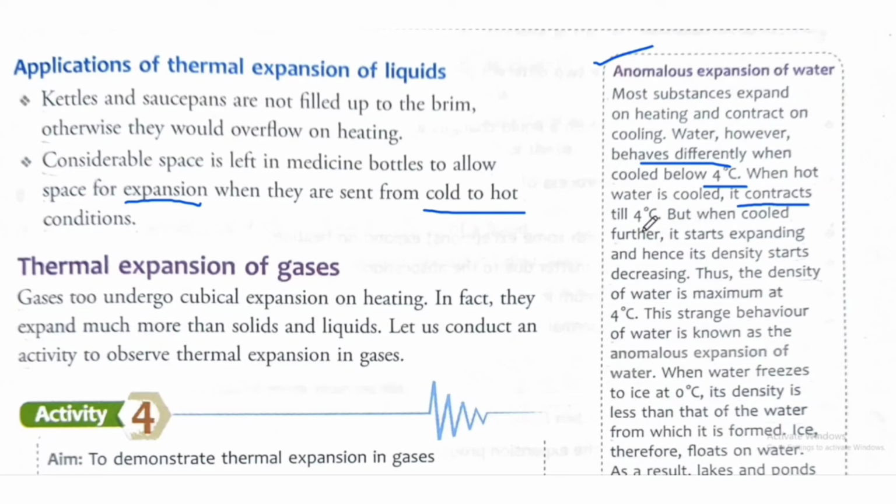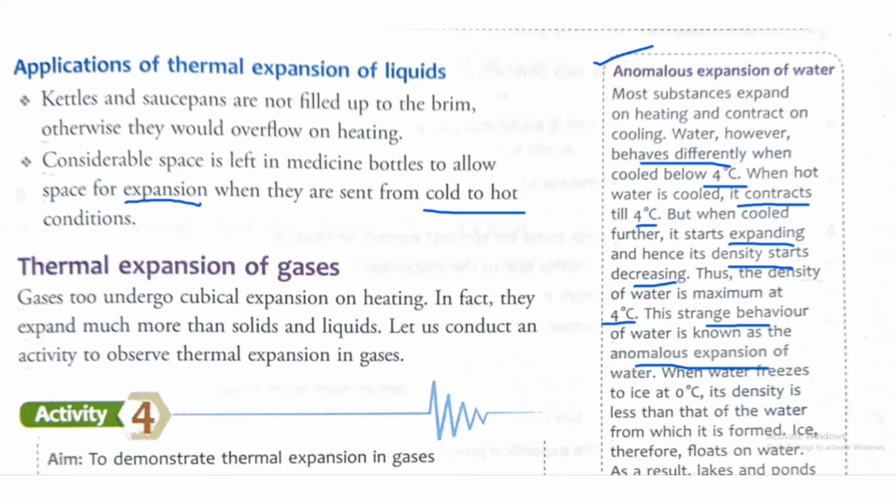But when the temperature reaches 4 degrees Celsius, then if the water is cooled further, it starts expanding. And hence, as it starts expanding below 4 degrees Celsius, the density of the water starts decreasing. And for this reason, the maximum density of water is at 4 degrees Celsius. This strange behavior of water is known as anomalous expansion of water.